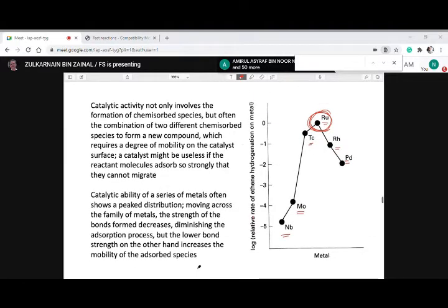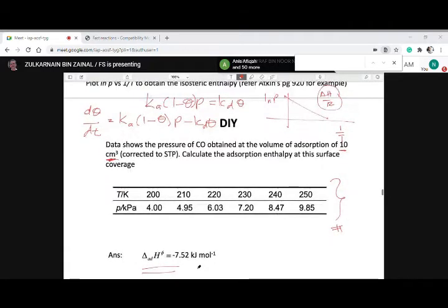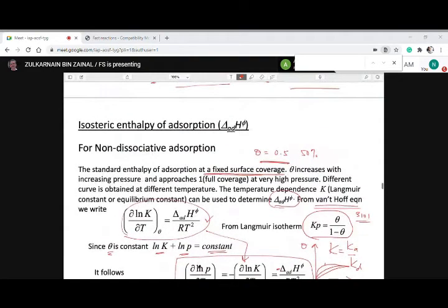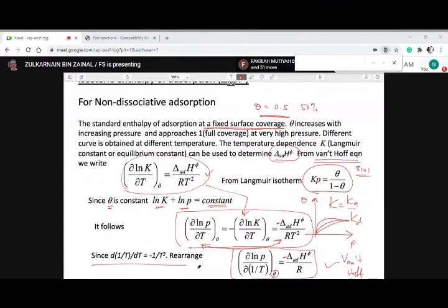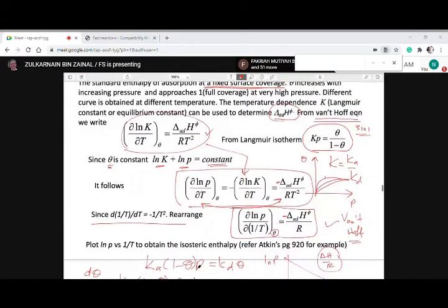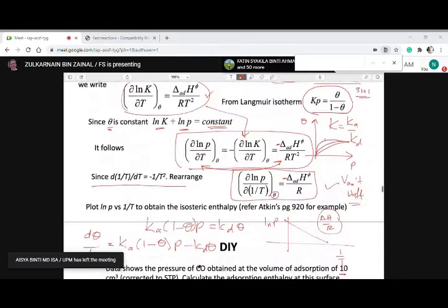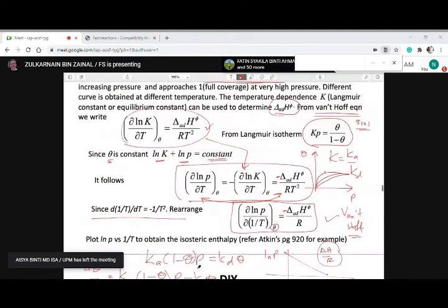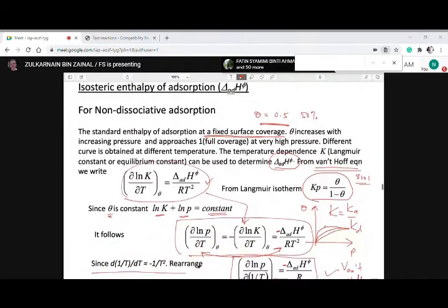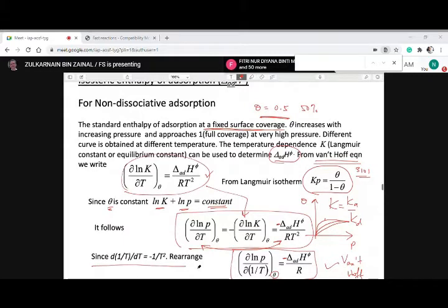But we're now going to this lecture. We have already seen the isosteric enthalpy, and we have tried to derive the equation relevant to this topic, where for the non-dissociative adsorption we can have a fixed phase coverage, theta.